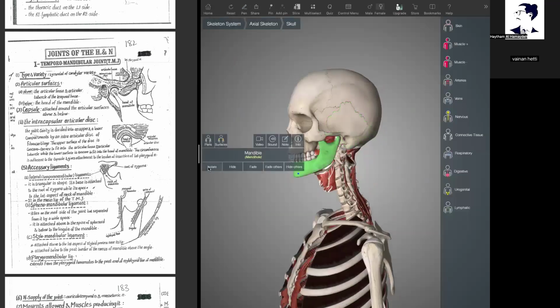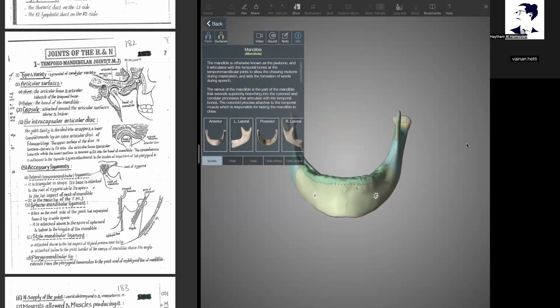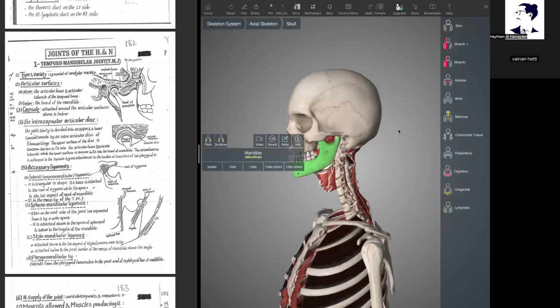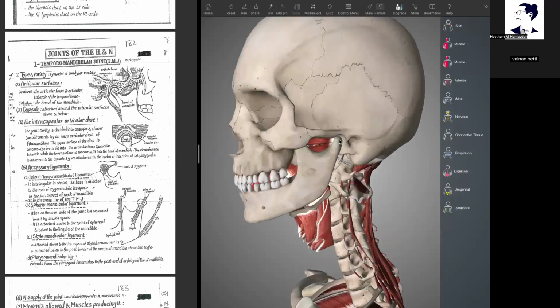The other surface is condylar process of mandible, or in other words, head of mandible. Now, point number 3 about this. Between temporal bone and mandible.